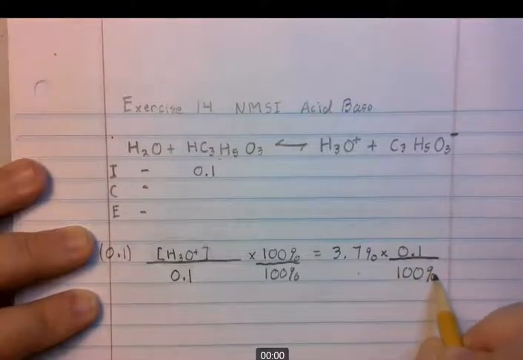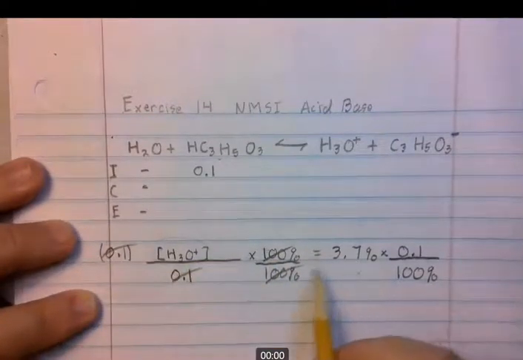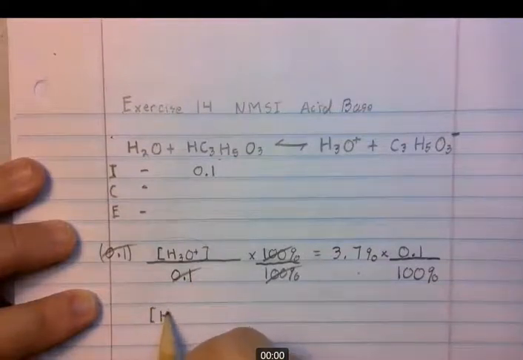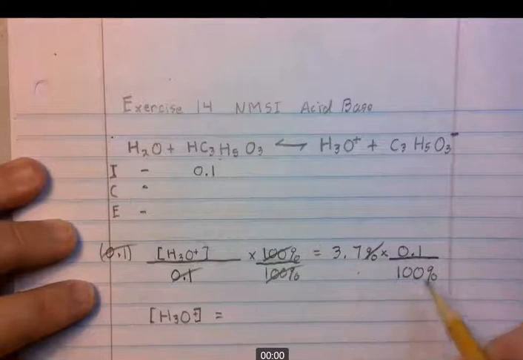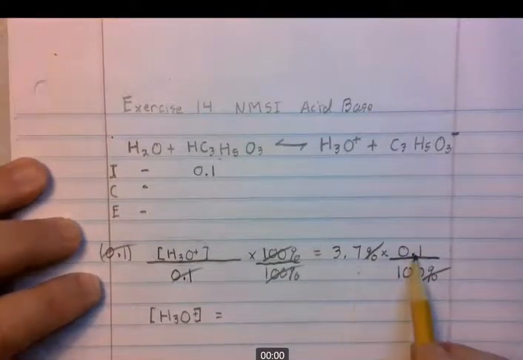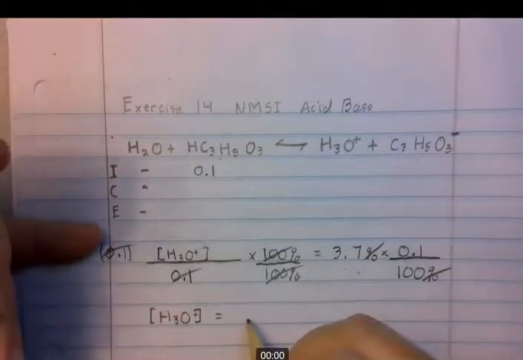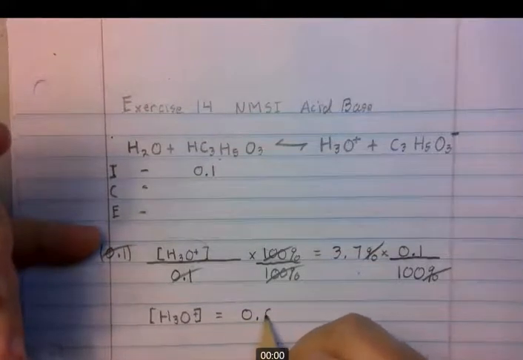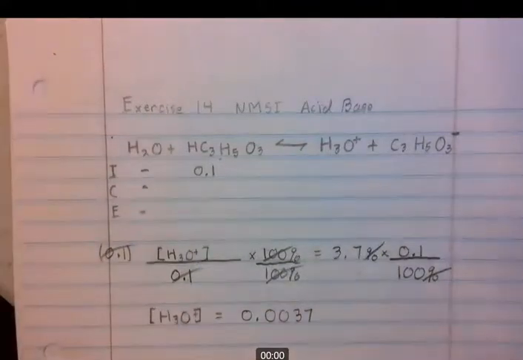All right, so this cancels, and now our H3O is going to be, the percent signs cancel, 3.7 times 0.1 divided by 100. Okay, and that gives us 0.0037. So that's the concentration of hydronium at equilibrium.